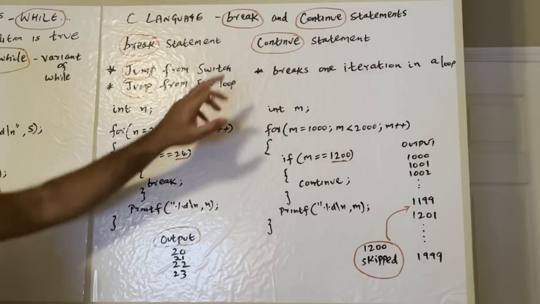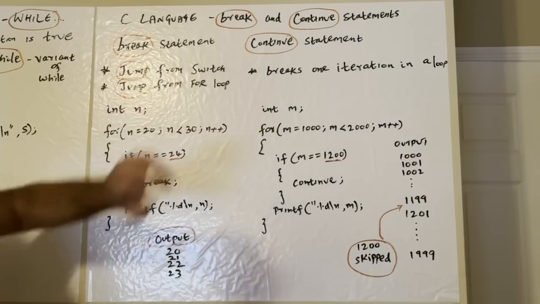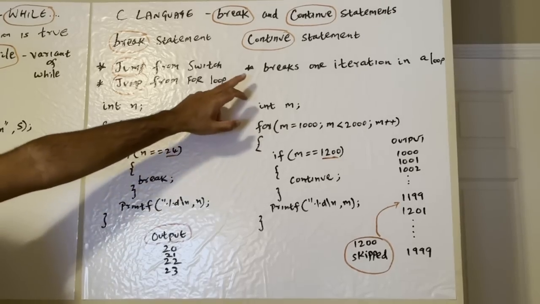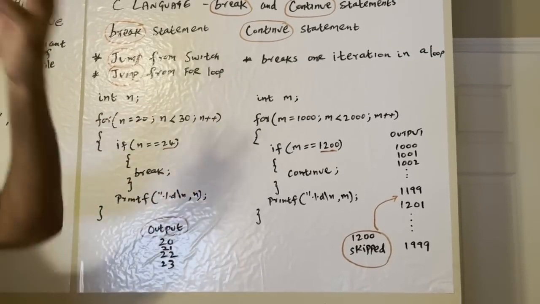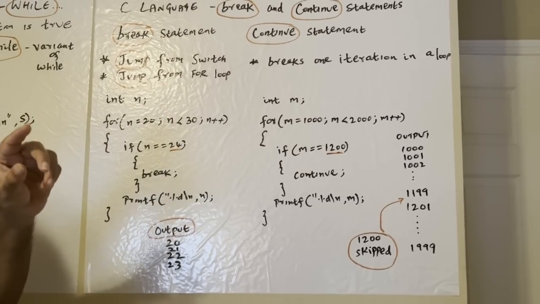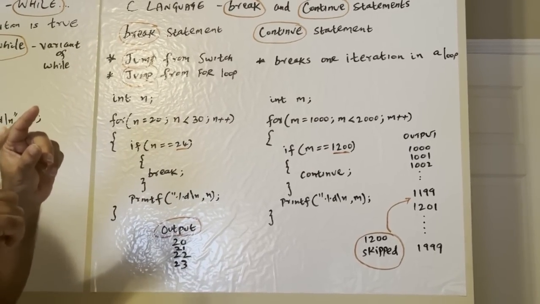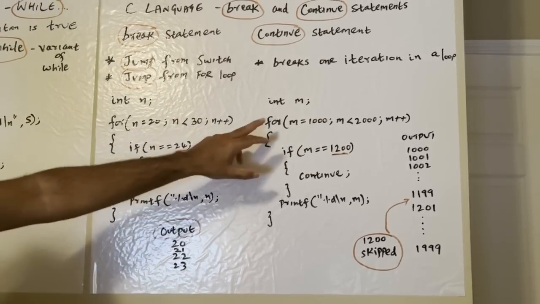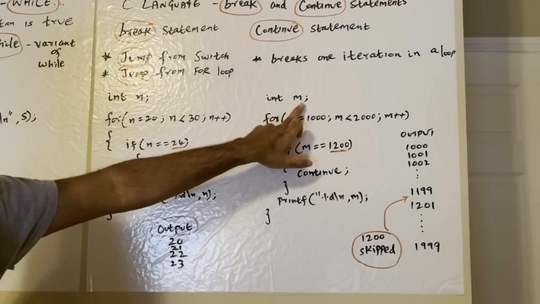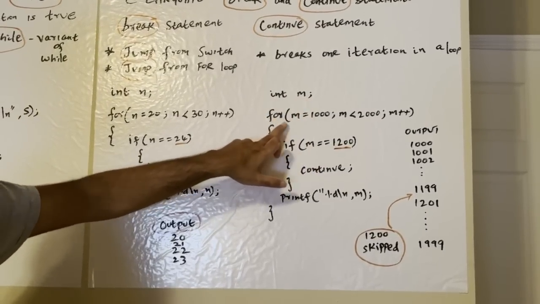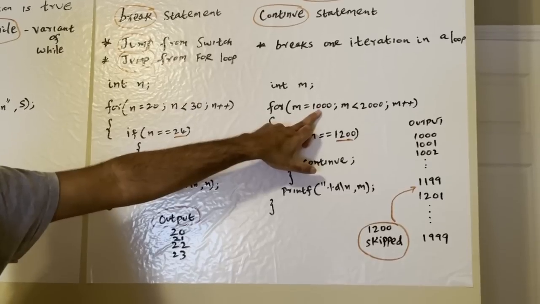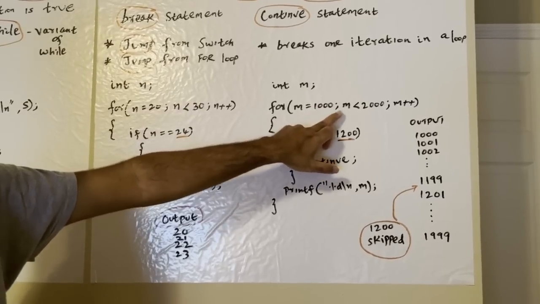Similarly, the other statement is called the continue statement. Instead of jumping out of the loop, you just want to skip one portion and then continue with the remainder. Same example: I define integer m, and for m, the initial assignment is 1000.